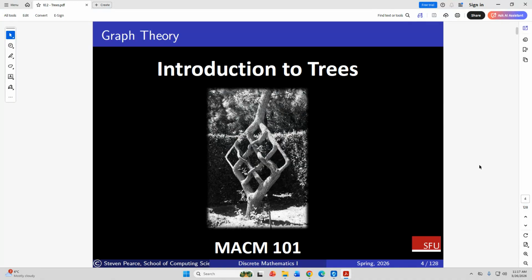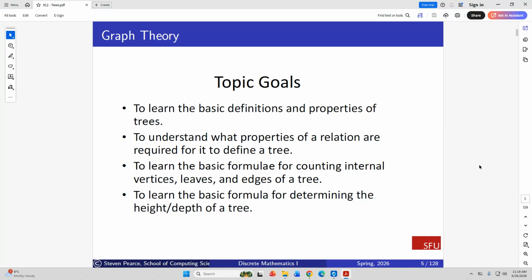So here we go. What kind of a tree is that? Some human-induced tree, that's for sure. So what are we going to do? Remember we talked about graph theory before. So we're going to go back to definitions again. I'm going to go over what we did in graph theory again, just to drive those points home. To understand what properties of a relation are required for it to define a tree.